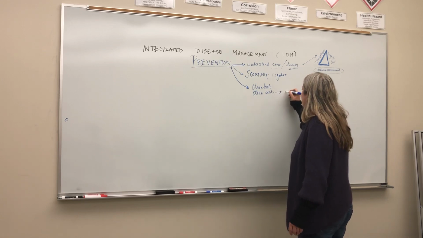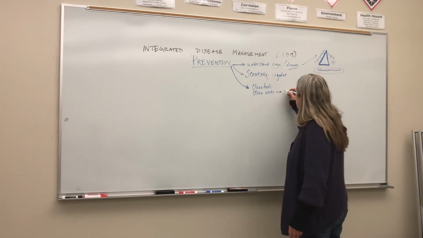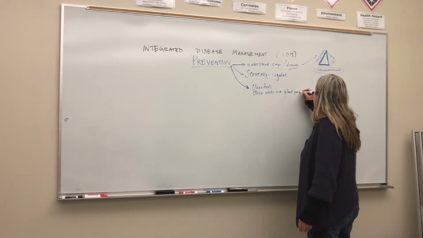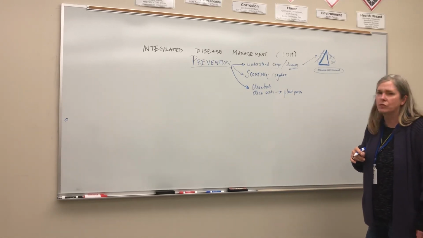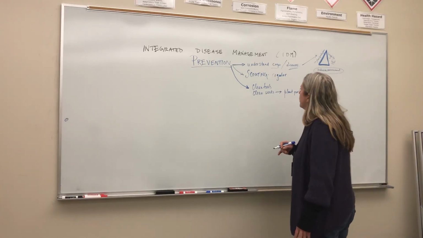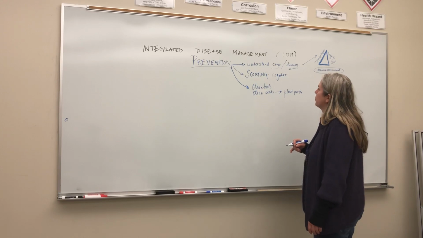I mean seeds from a reputable source, clean plant parts. If you're buying potato tubers, you want to make sure they're certified disease-free, or garlic, onion sets. What else? How else can we prevent?